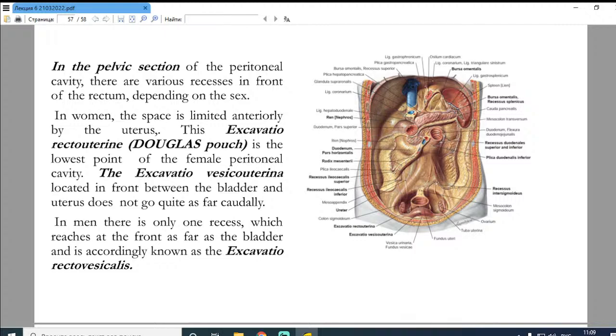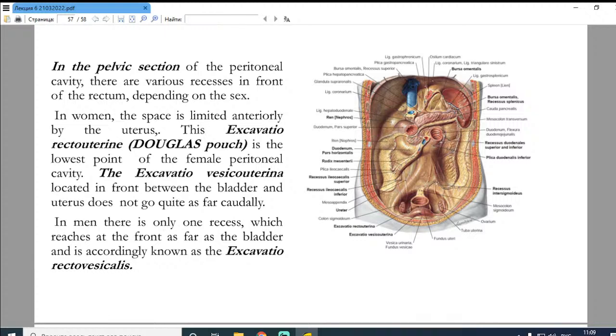In women, the space is limited anteriorly by the uterus: this is the excavatio rectouterina, the lowest point of the female peritoneal cavity.